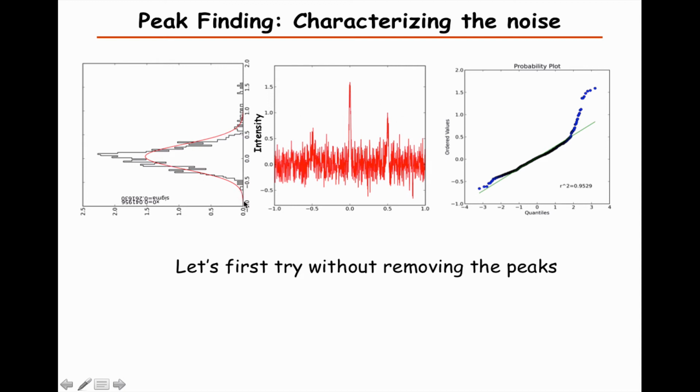It actually turns out that the position is not 0, it's 0.04 instead of 0, and the width is 0.26 instead of 0.2. But it's still pretty close.